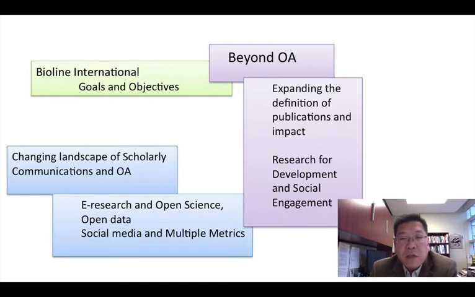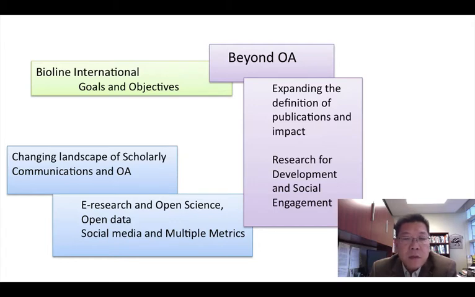So I would like to bring in the second set of arguments having to do with expanding the notion of what constitutes scholarly communications, what constitutes scholarly publications, and the kinds of impact measures that we can begin to use to look at the different, multiple impacts that research can bring.